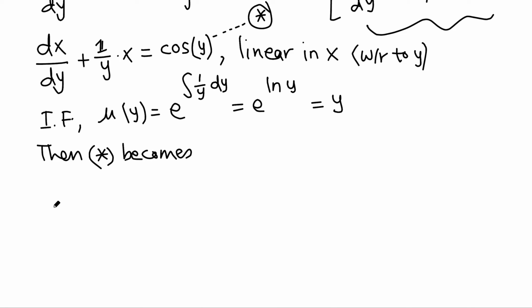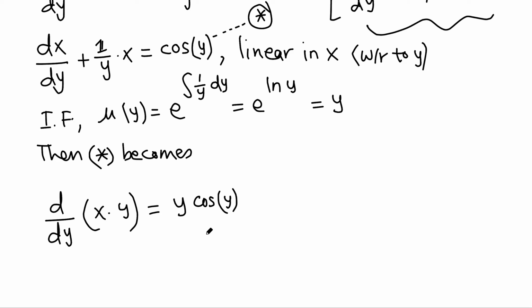Then the left hand side automatically becomes the derivative d over dy, unfortunately not x, of the dependent variable which is x times the integrating factor which is y. This will always be automatic on the left side, equals, we are multiplying both sides by y, so y cosine y.